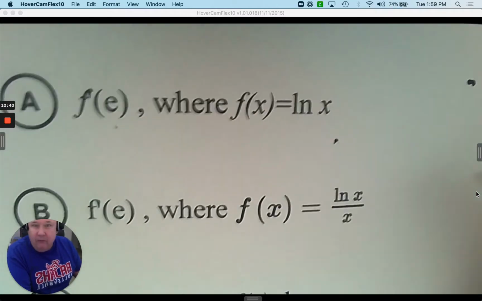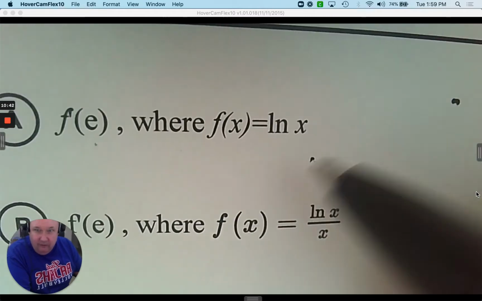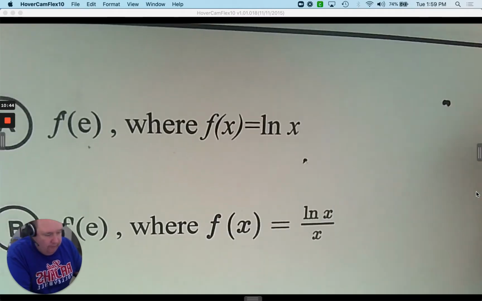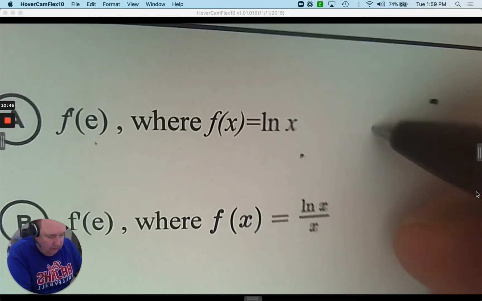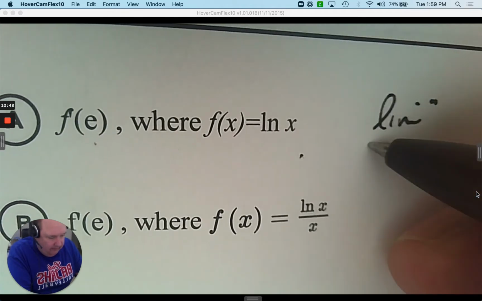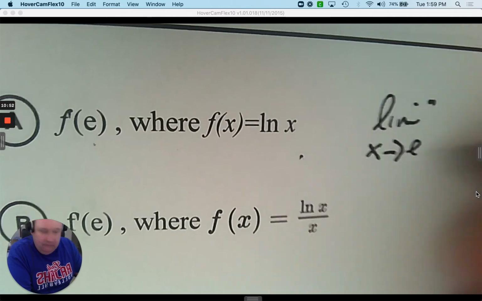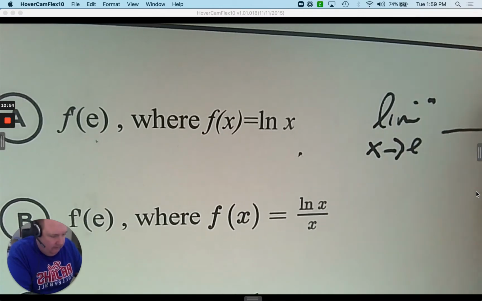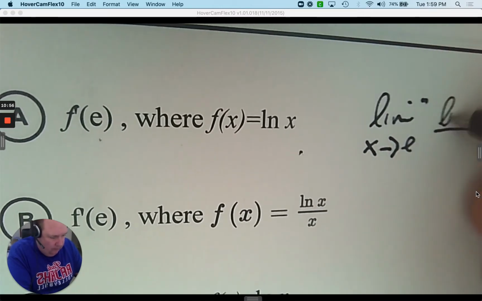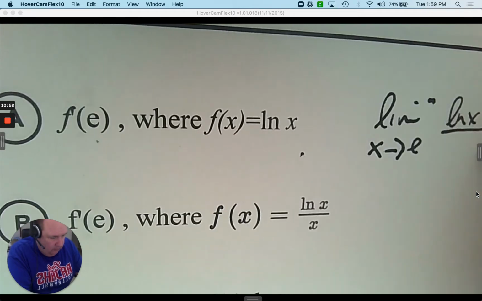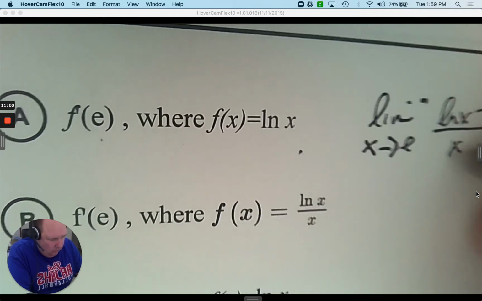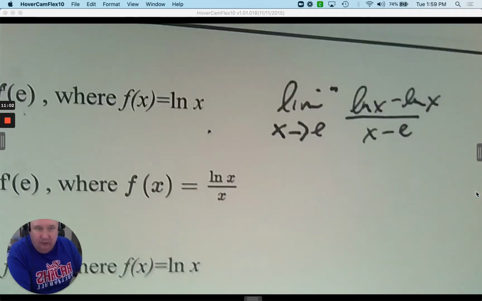So if we're working backwards looking at this in part A, this is what it would look like. The limit as x approaches e. That's one way to look at it.